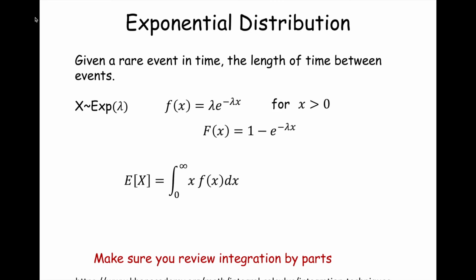So g of x is minus 1 over lambda, so that's plus 1 over lambda e to the minus lambda x, and this is an integral dx. Okay. Any questions about this? Does that make sense?